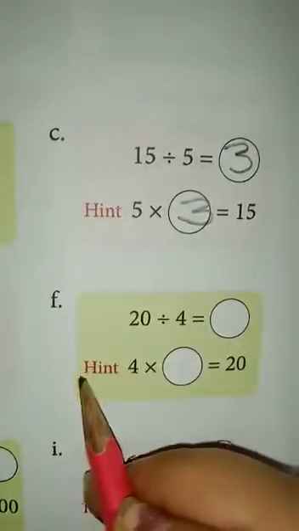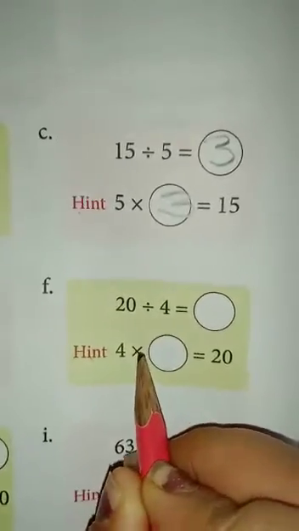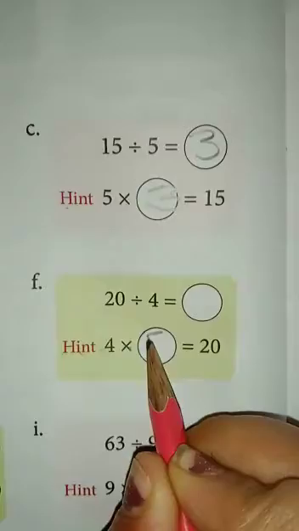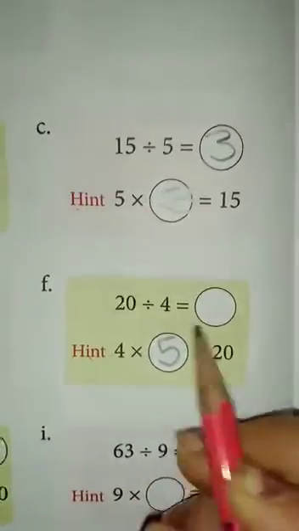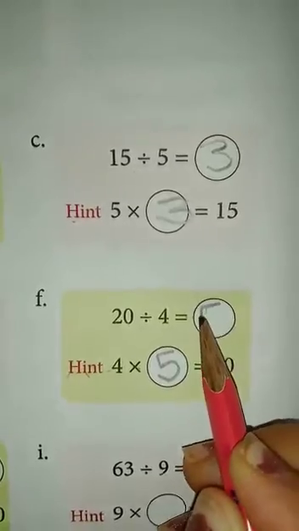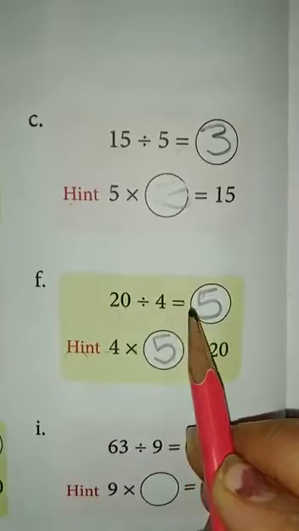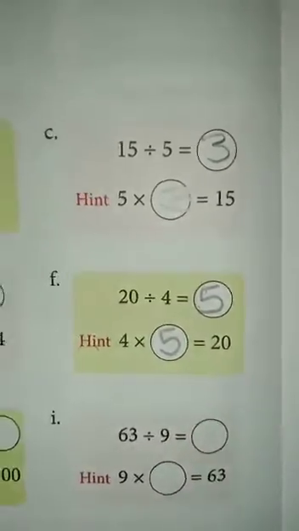Next example, the hint: 4 into blank. We already know the 4's table. 4 fives are 20. 20 divided by 4 is equal to 5.